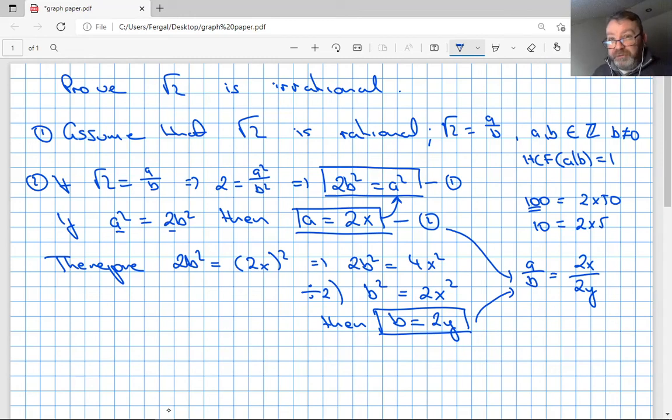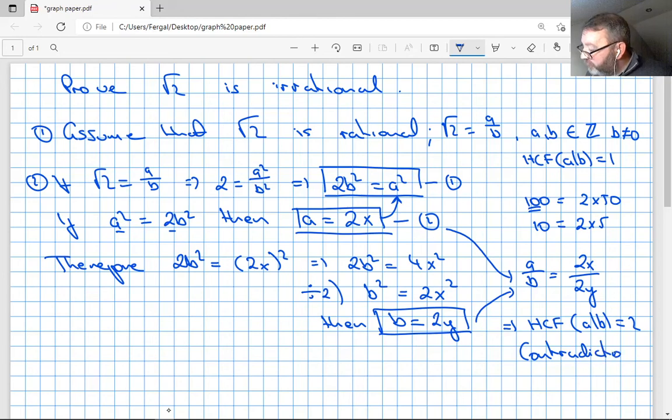So the process has told me that when you put a over b using root 2 as your number, it reveals a fraction that does not have the HCF as 1. In other words, it's not fully simplified. So that means that the HCF of a and b is actually 2. And that's where the contradiction takes place.